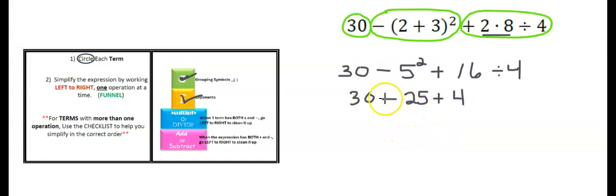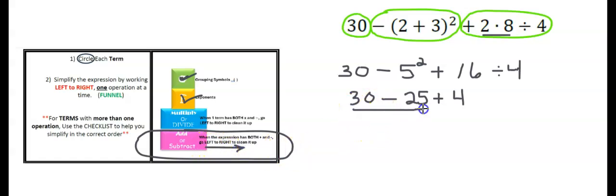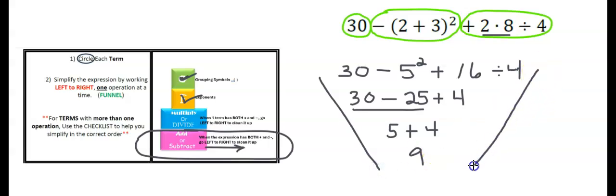Now I've got all of it cleaned up except for I have the subtraction and addition. So I have to just go left to right. Left to right. So I'm doing this first. 30 minus 25 is 5. Bring down the plus 4. And 5 plus 4 is 9. We're funneling. Our expression just gets shorter and shorter as we go until we are out of operations we can perform, and then we're done. It's simplified.